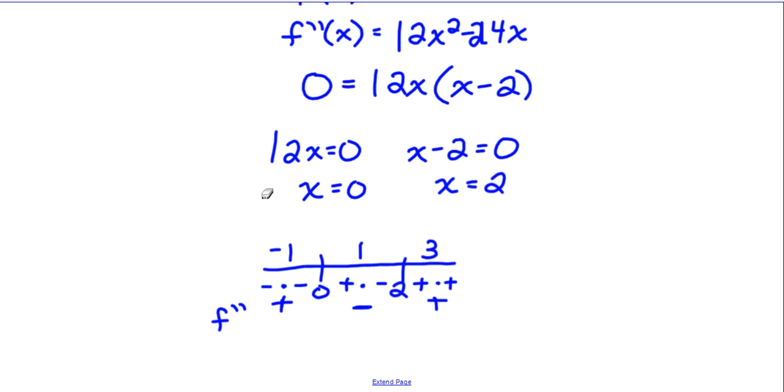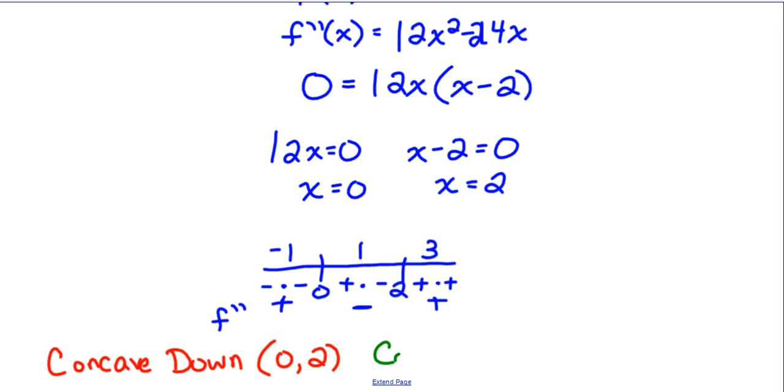So we are, let's see here. Let me use red for concave down between 0 and 2. And I'll use green for concave up.